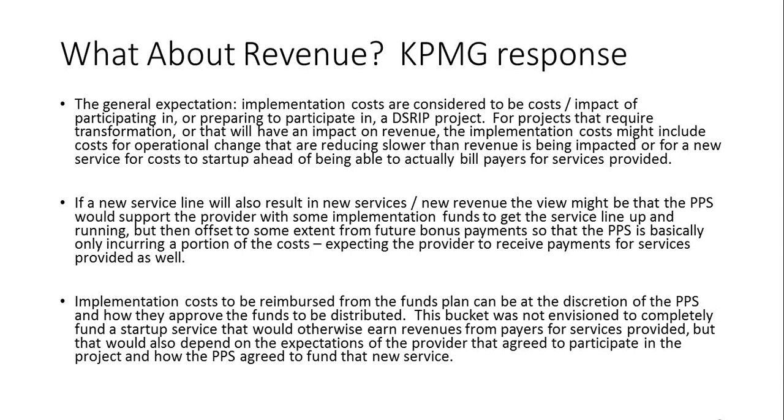For projects that require transformation or that will have an impact on revenue, the implementation costs might include costs for operational change that are reducing slower than revenue is being impacted, or for a new service, costs to start up ahead of being able to actually bill payers for services provided.